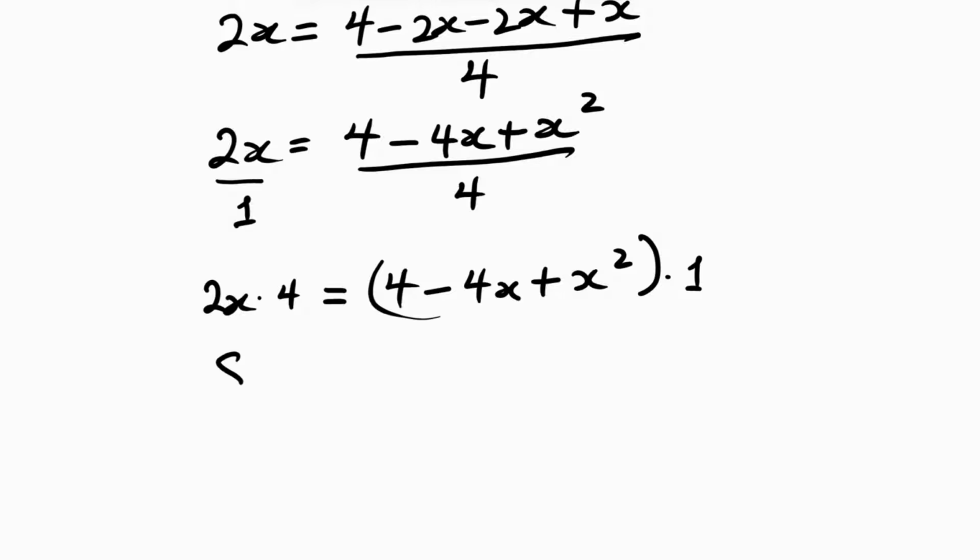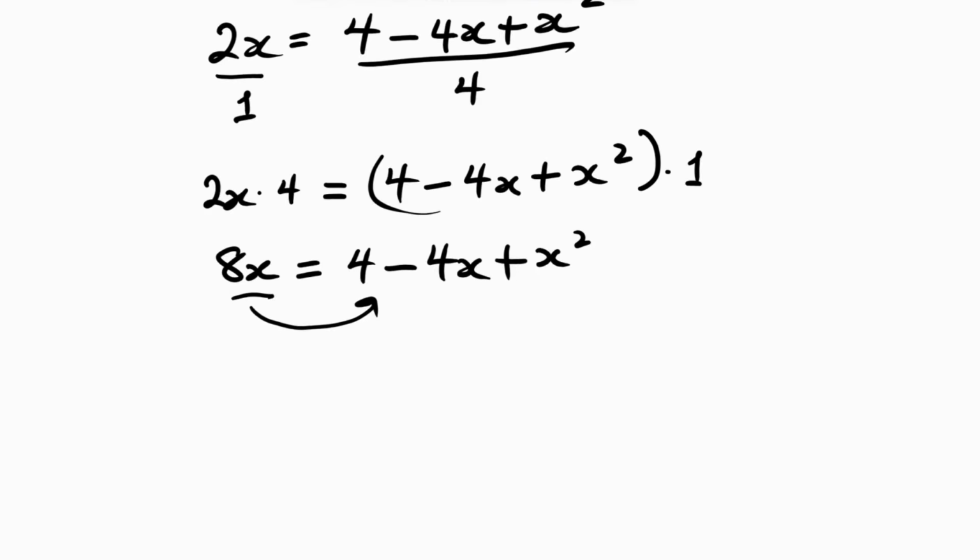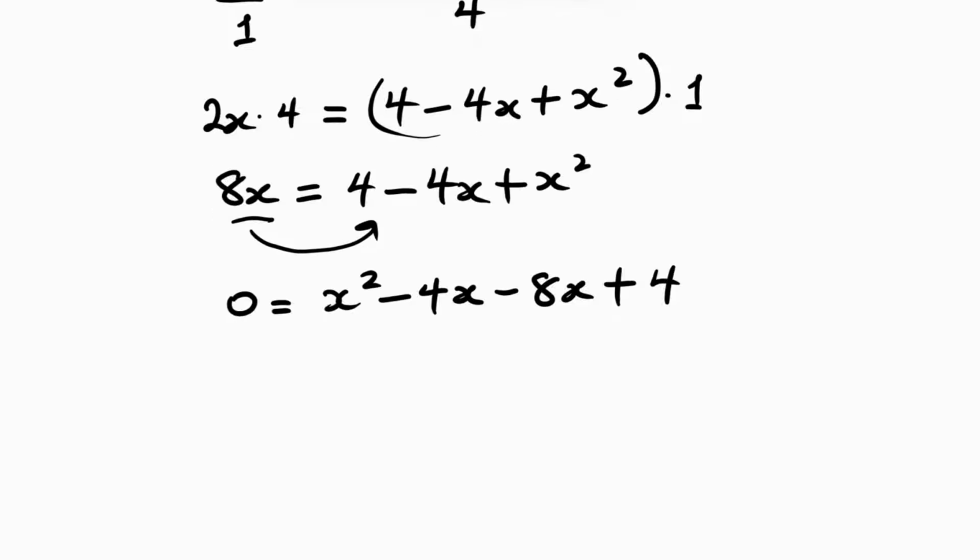Now, 4 times 2 is 8x, so we have 8x equals 4 minus 4x plus x squared. Now, if we move the 8x to the right hand side, now we have 0 is equal to x squared minus 4x minus 8x plus 4. This is also the same as x squared minus 12x plus 4 equals 0.